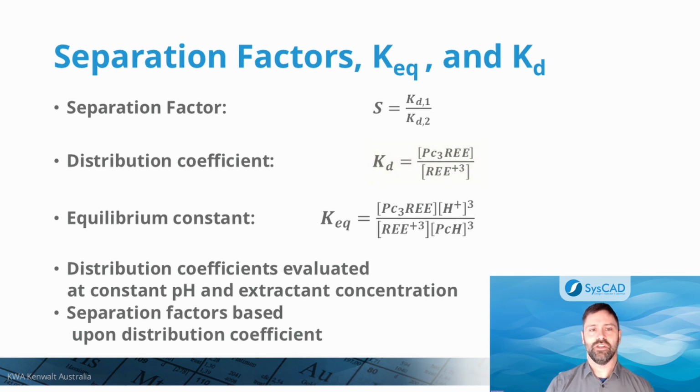Now compare this with an equilibrium constant for the extraction reaction, and it is apparent that a distribution coefficient does not include the distribution of acid. Thus, by assuming that the separation factor between adjacent rare earths is equivalent to the ratio of the equilibrium constants, you are actually assuming that the distribution coefficient of acid for adjacent rare earths is equal.